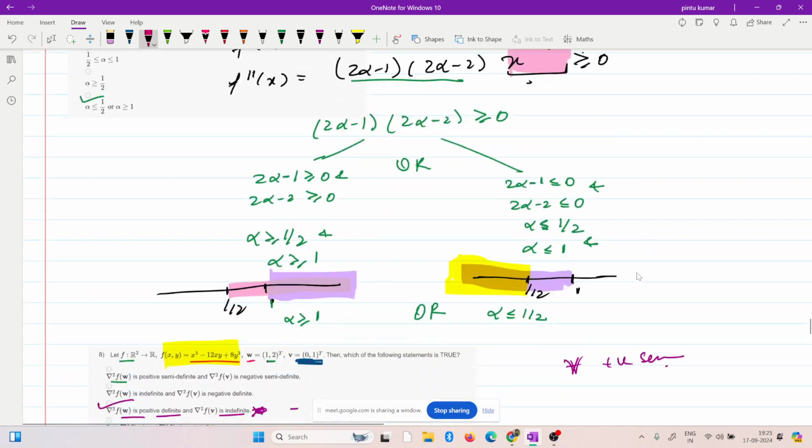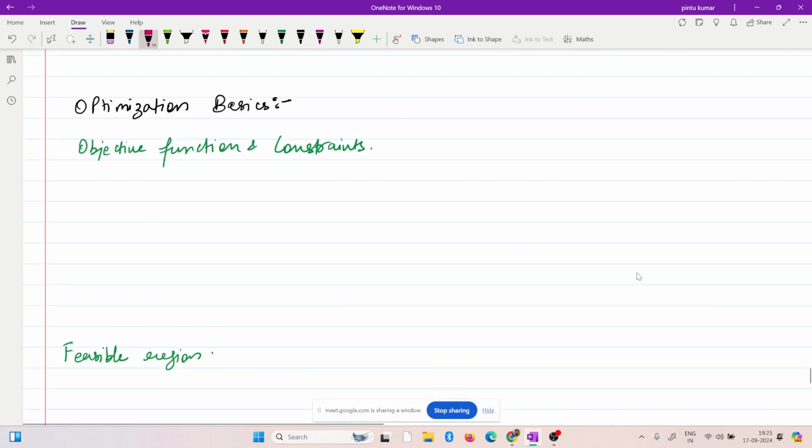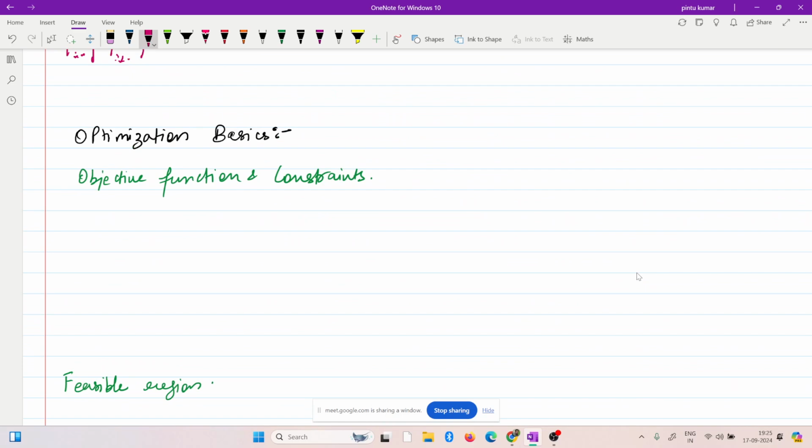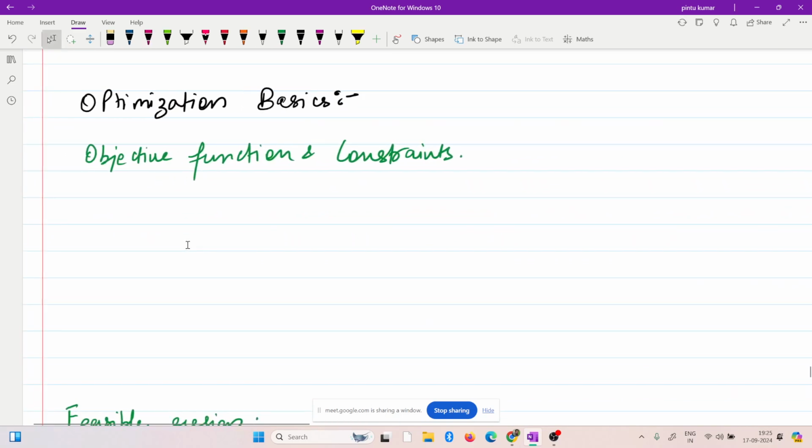Okay, so whatever we are talking about optimization is going to be very elementary, because next session we will dive deeper into optimization basics. Okay, so what is an optimization problem? In mathematics, in an optimization problem, you have to either minimize or maximize some function.